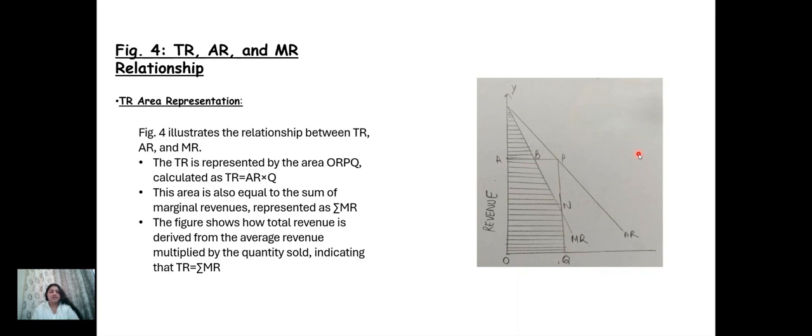TR is represented by the points O, Q, P and A. To calculate this, we take the formula we discussed in the past slides: total revenue is equal to average revenue multiplied by Q. Here this area is equal to the summation of marginal revenue, represented by the summation sign, meaning the sum of marginal revenue.